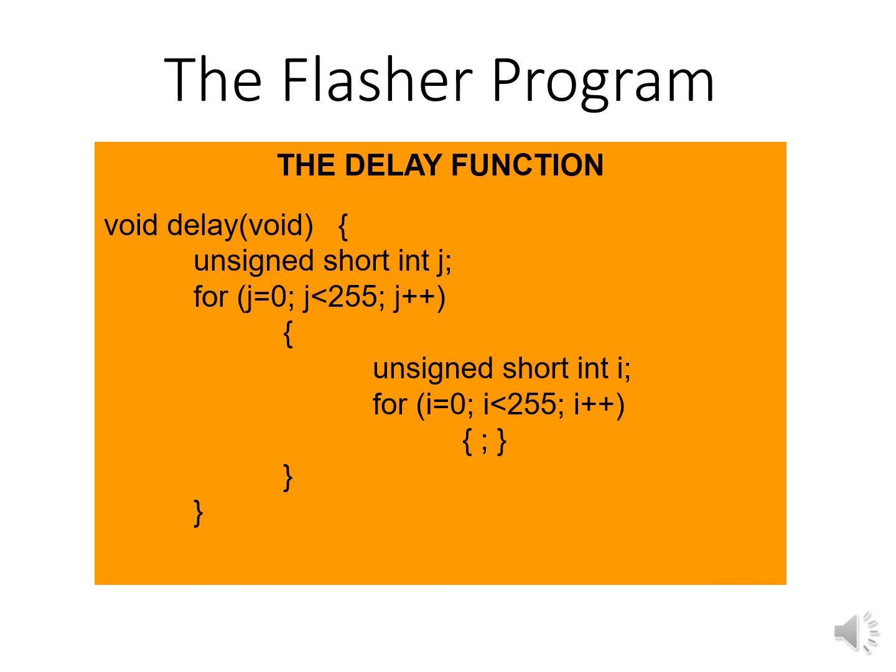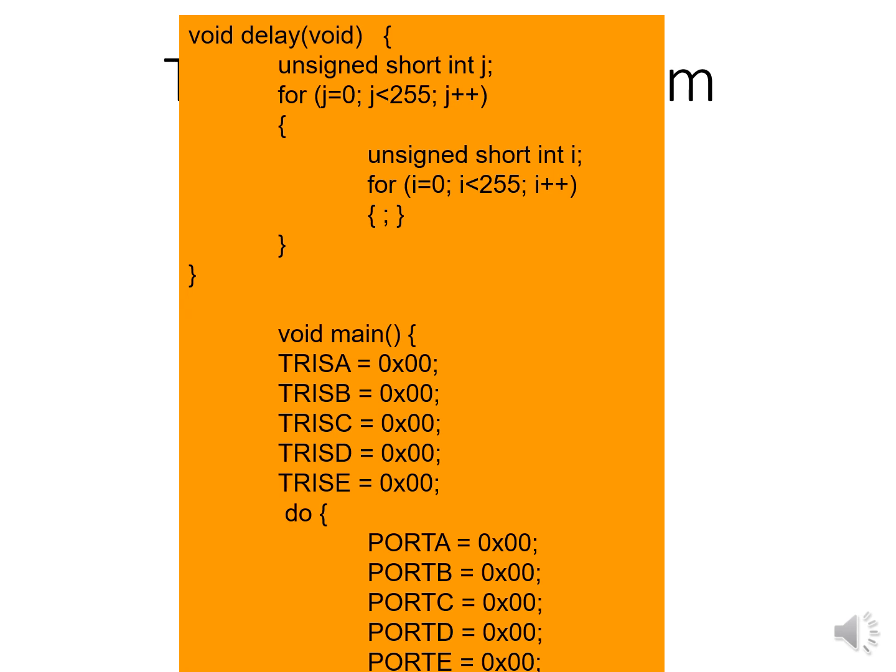For each increment of the variable j, the variable i would have increased from 0 to 255. Therefore, the outer loop has an effect of multiplying the delay provided by the inner loop. At the end, we are going to have longer delay periods. That's the complete program now with the delay function added.